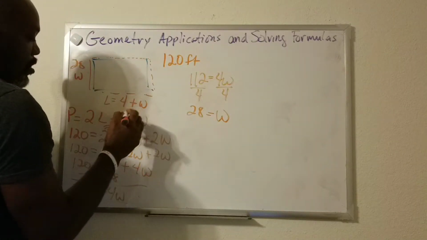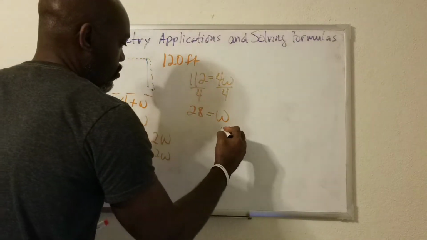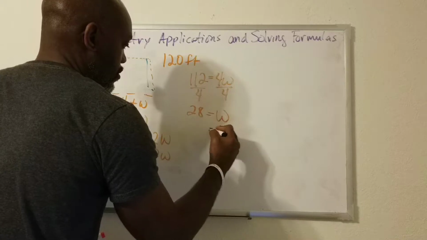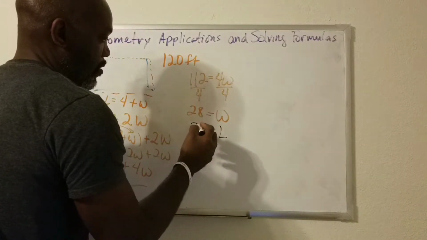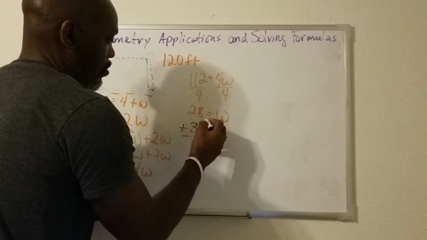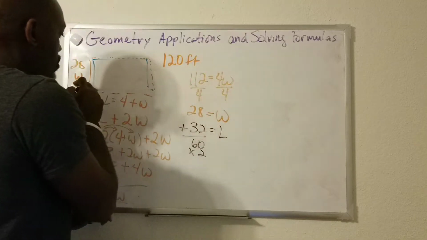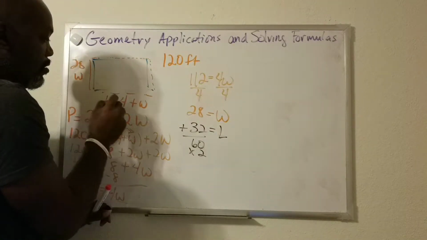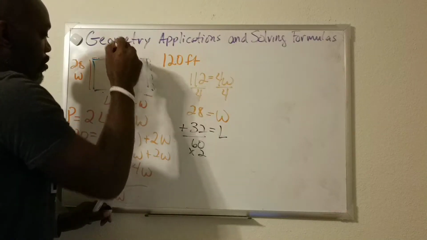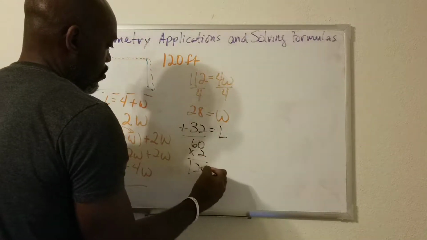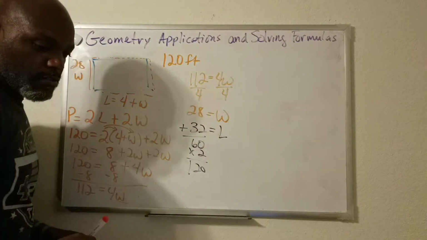And so the length is 32. All right, let's see if that's right. If we add them together, that's 60, and 60 times 2, because this side is 28 and this side is 32, and this side would be 28 and this side would be 32, that gives us 120. So these answers are correct.